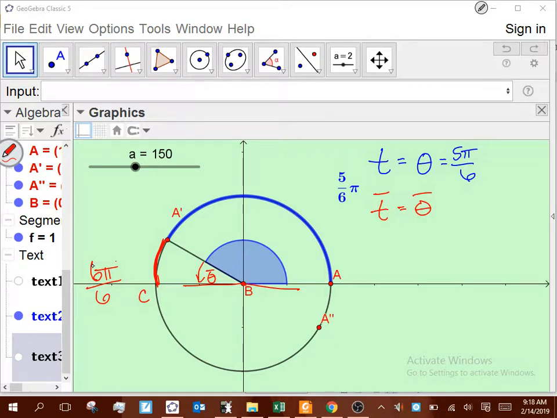Now it's easy to see that if the blue distance was 5 pi over 6, how much further do I need to go to get to 6 pi over 6? Pi over 6. So pi over 6 is what we call our reference number.